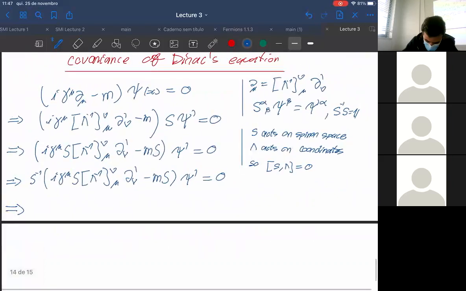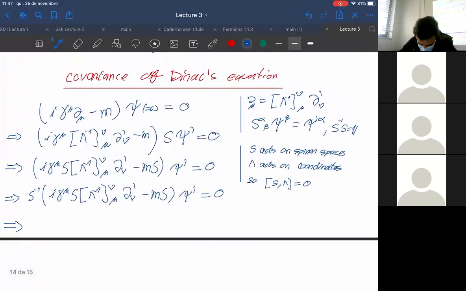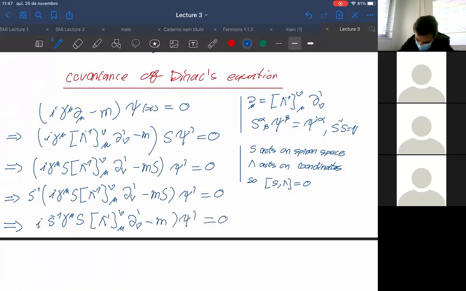Okay, right. So now let's move this S inside, to here. So basically, we get i S minus 1 gamma mu S lambda mu nu prime minus m psi equal to 0.